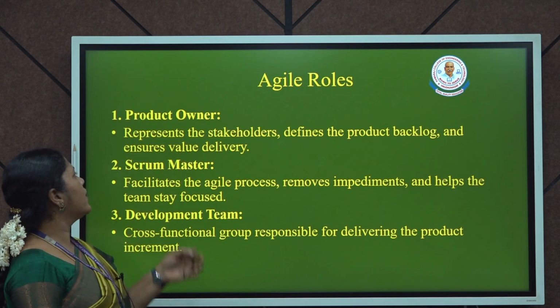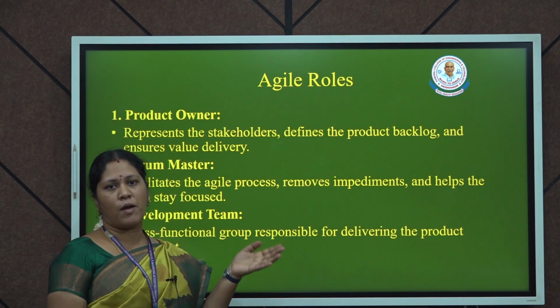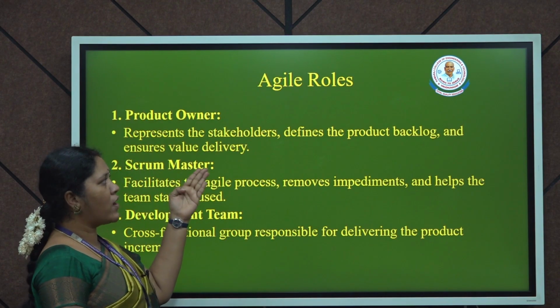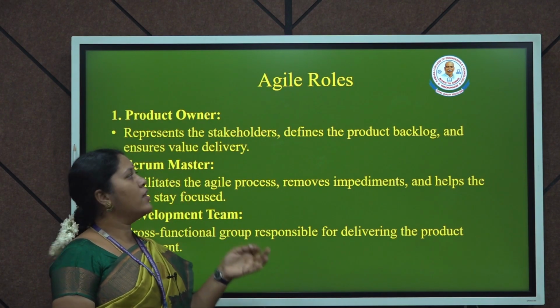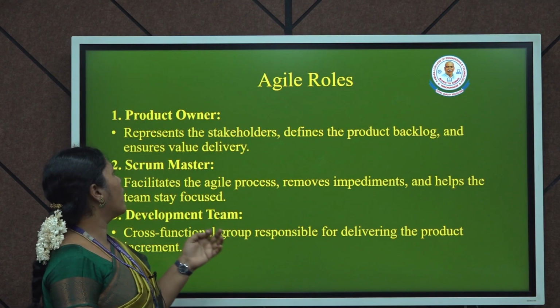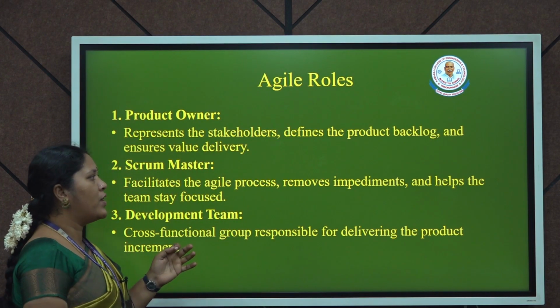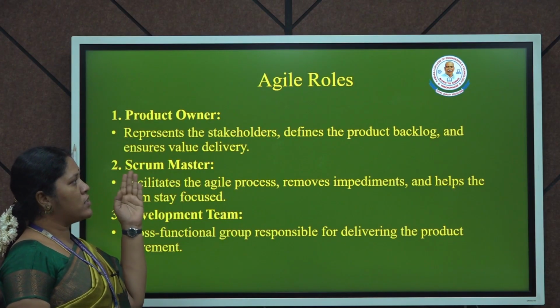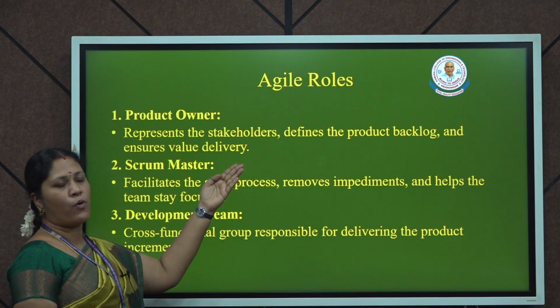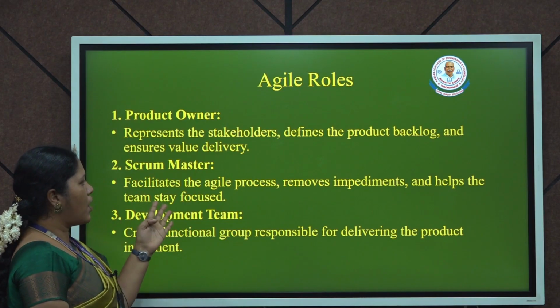So next, these are the roles of Agile: product owner, scrum master and development team. The product owner is the stakeholder. They define the product backlog and ensure the value delivery. Then another one is the scrum master.